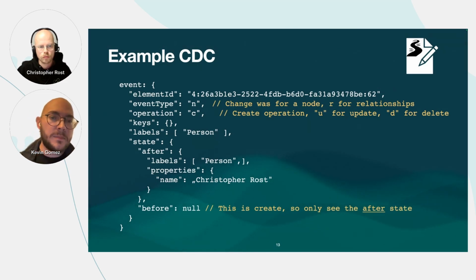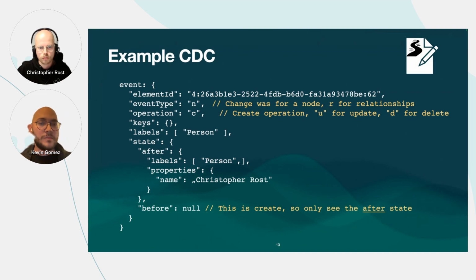And then you will get the payload information of the specific node here. So a person node was created, and you can see in the state we have after and before. And after, that means after the change, now we have a person node and the name is Christopher Rost. And before it was null, of course, since the node was created, right?